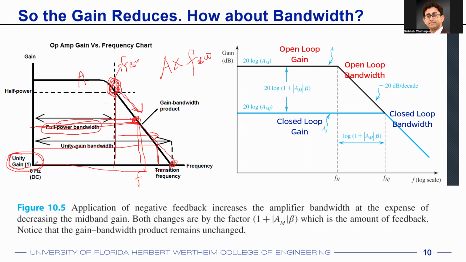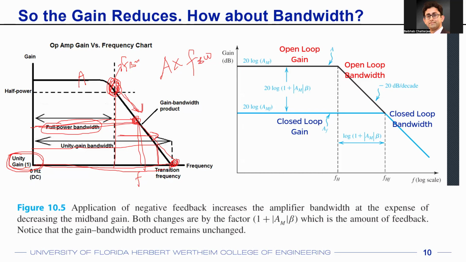So that's the value of the gain along the x-axis. Now your gain bandwidth product will still remain the same. If your gain becomes 1, your bandwidth becomes the original gain times the original bandwidth. That will be your bandwidth at the unity gain point. And that's usually called the unity gain frequency or a transition frequency.